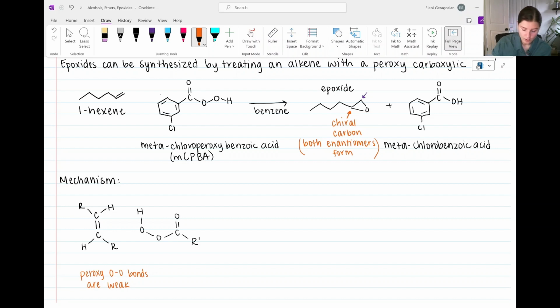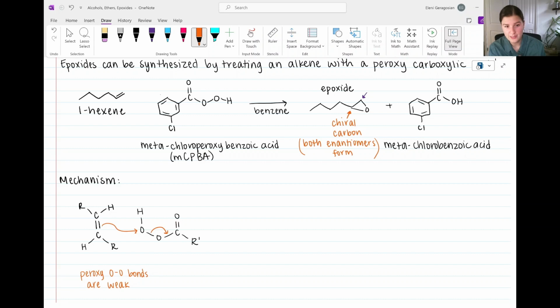The carbon to carbon double bond will create a bond to that terminal oxygen, so the one at the end of the chain. A few things are going to happen here now. The oxygen to oxygen double bond will break and form a double bond between the oxygen and that carbonyl carbon.